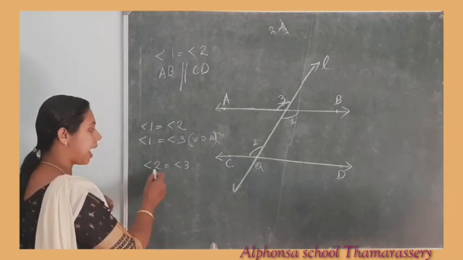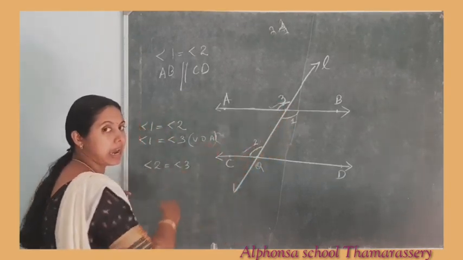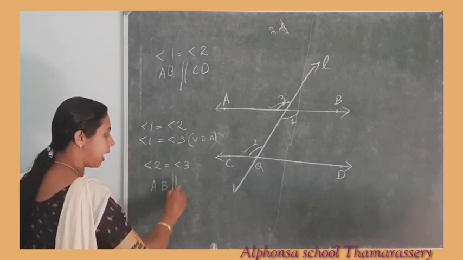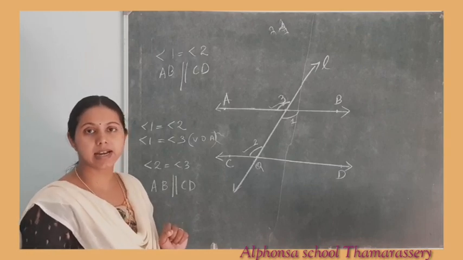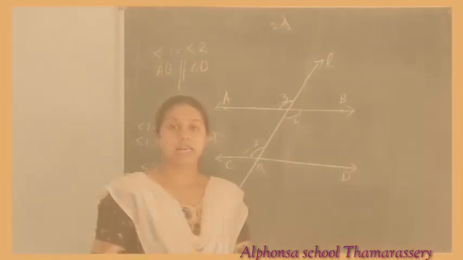Therefore, AB is parallel to CD by the converse of the corresponding angles axiom. So theorem 6.3: if a transversal intersects two lines such that a pair of alternate interior angles is equal, then the two lines are parallel.